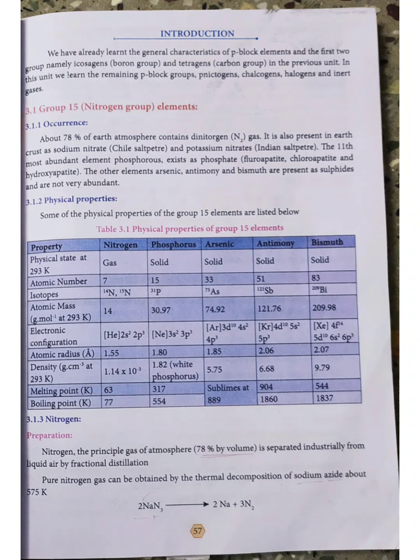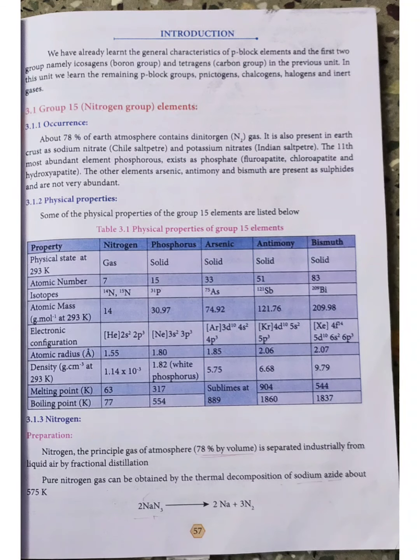The 11th most abundant element, phosphorus, is also present in this family, existing as phosphate in the earth's crust. Arsenic, antimony and bismuth are present as sulfides and are not very abundant, only traces. Okay, physical properties, next one.